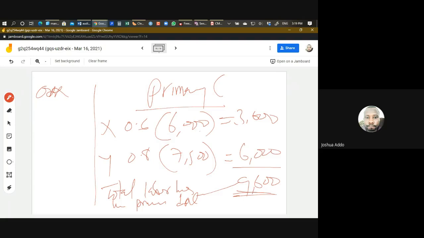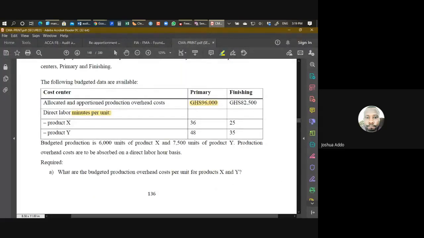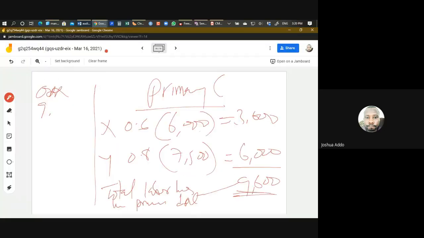The budgeted production overheads in the primary department was 96,000, divided by the total basis, 9,600. So what will the OAR be? 96,000 divided by 9,600.